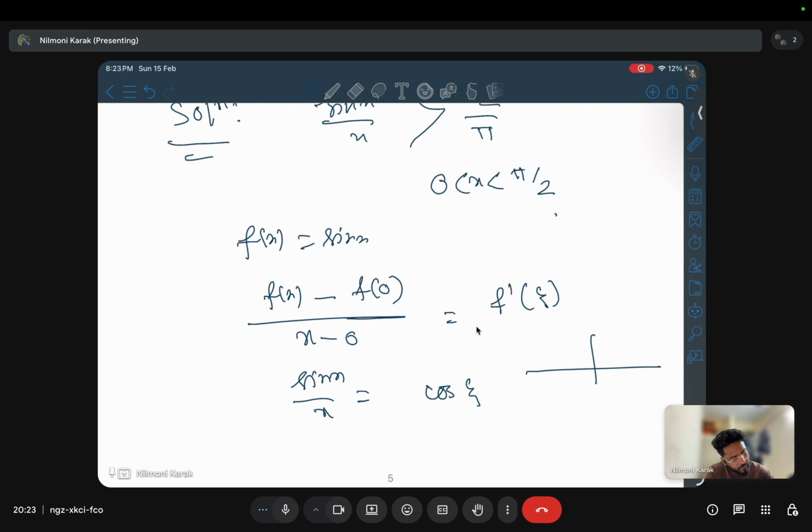Sorry, this is the sine graph, so from this to pi by 2.